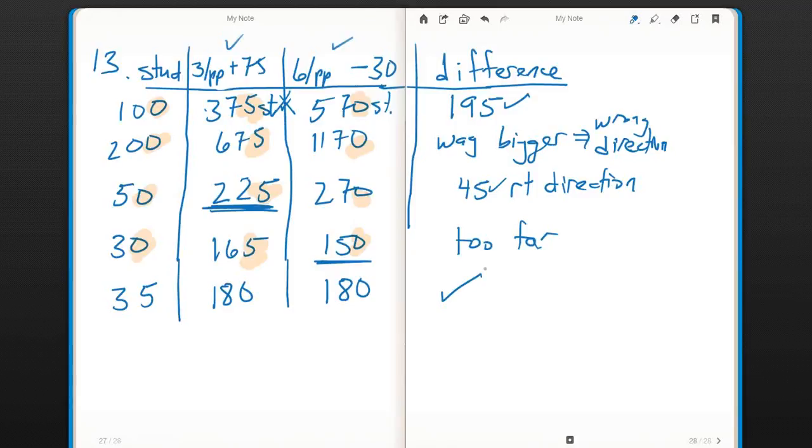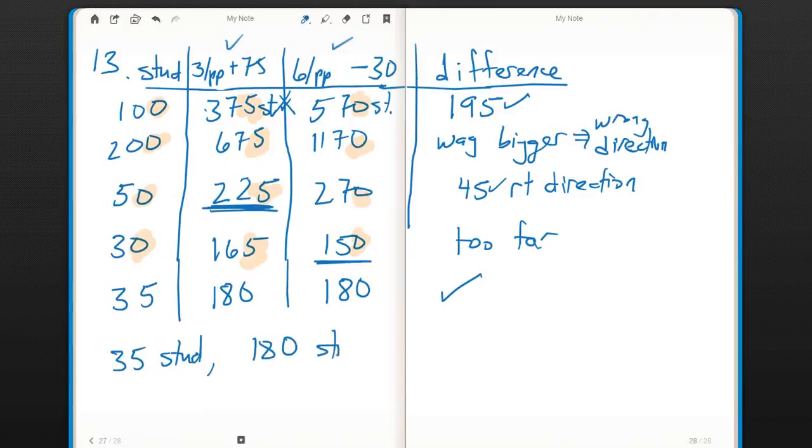If I have 35 students and I have 180 stickers, you will see that both of the criteria that I'm given work. If I gave away 3 stickers per person, then I have 105 stickers used and I have 75 stickers left over.